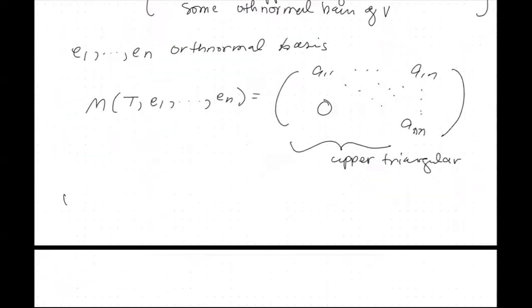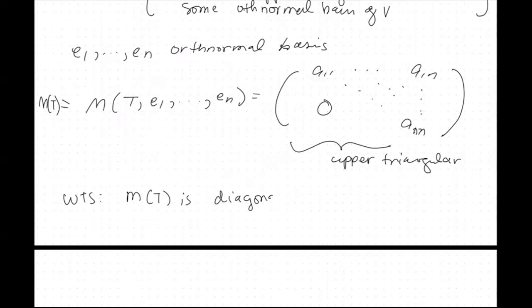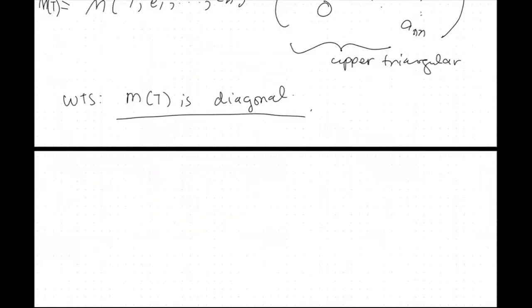And then we want to show that M of T is diagonal. Okay, how do we show that? From the matrix above, we get the norm of T e1 squared is just a11 squared.